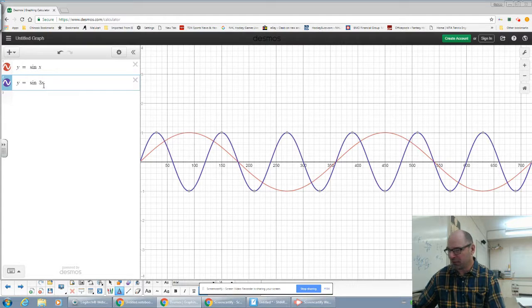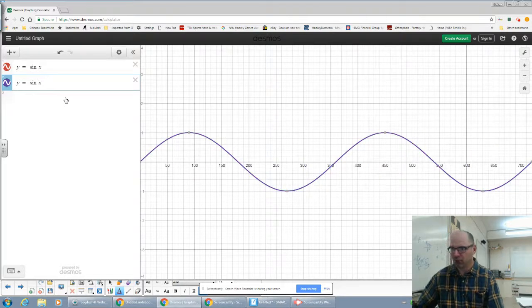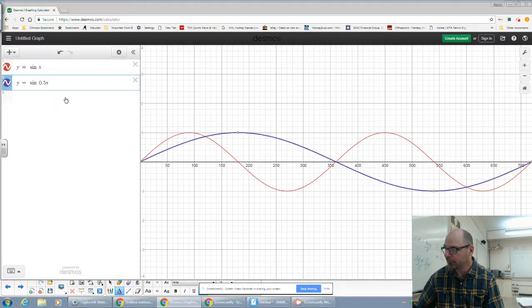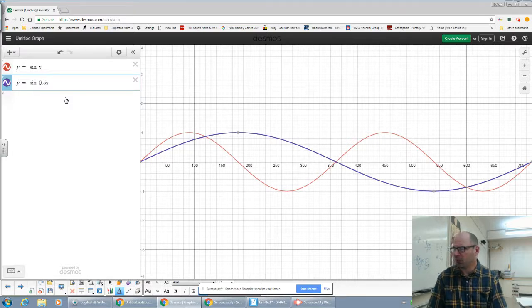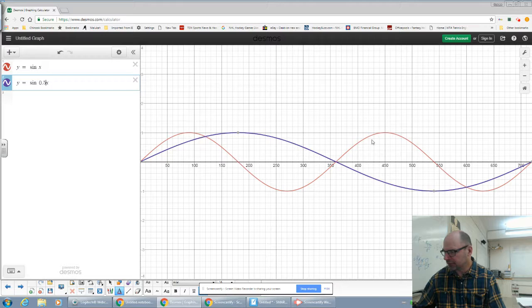Okay, what if we put a half in there instead? Instead of putting in 3, I'm going to put 0.5, or 1/2. Notice that this time, for the purple, we only got 1 full period, yet the red graph, the original, has 2 full periods.